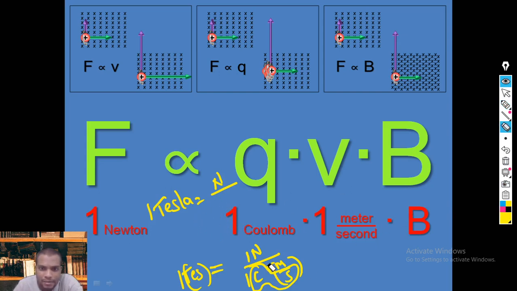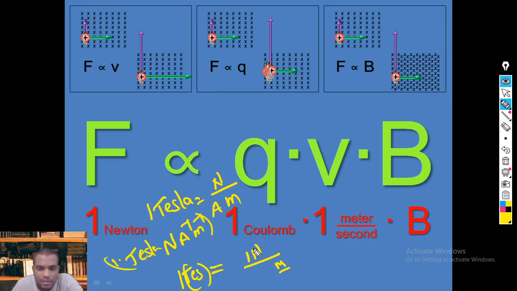So the C by S quantity I can replace with A, and meters is already present. So 1 Tesla equals Newton ampere inverse meter inverse. Okay, so these are very handy units to define the magnetic field.